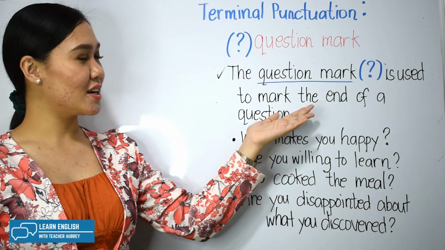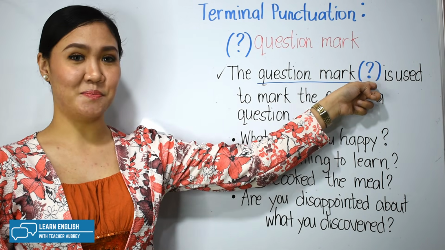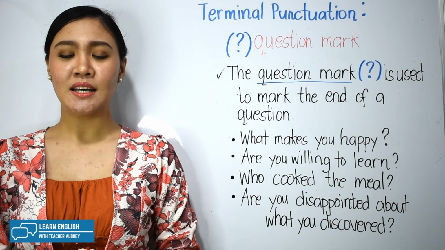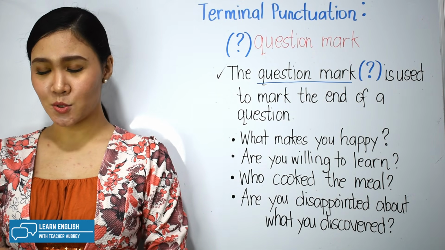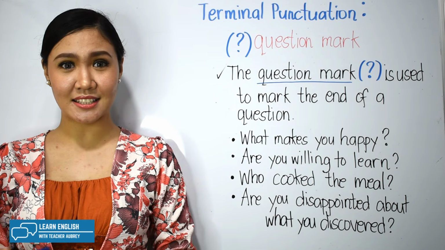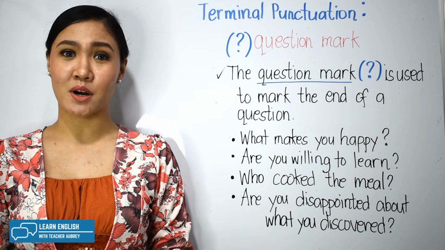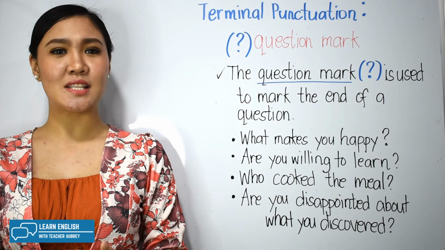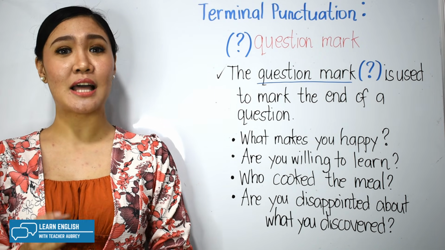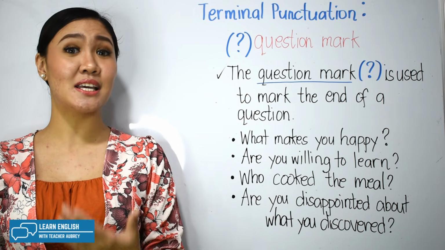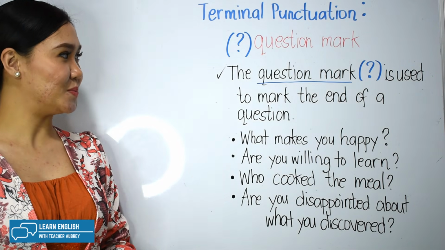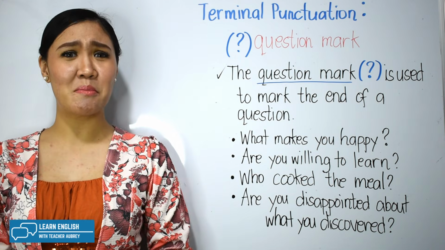The question mark, having this symbol, is used to mark the end of a question. Hindi tayo maaaring magsulat ng isang tanong na hindi natin ginagamitan ng question mark sa dulo dahil mali iyon. Kulang. Para matapos natin ng tama ang isinulat nating tanong, dapat ay wakasan natin siya sa pamamagitan ng question mark o tandang pananong. Ano nga ba yung karaniwang mga tanong ninyo?